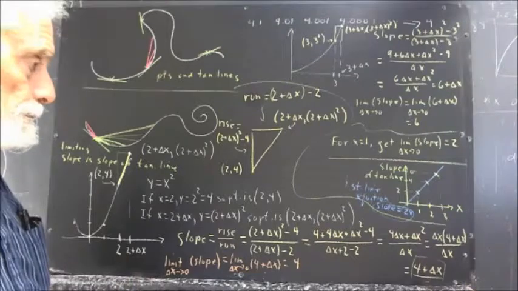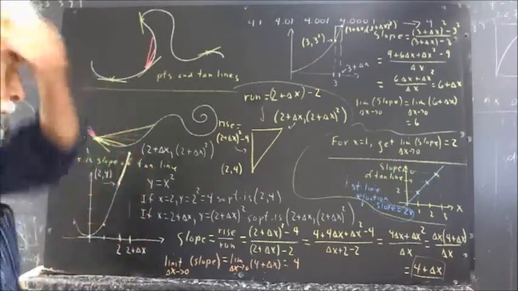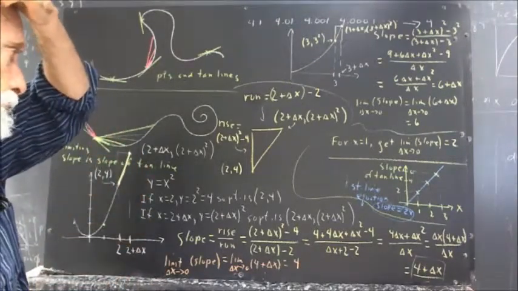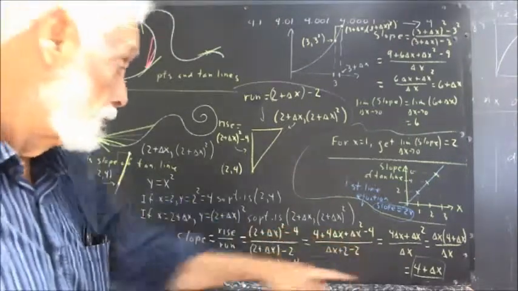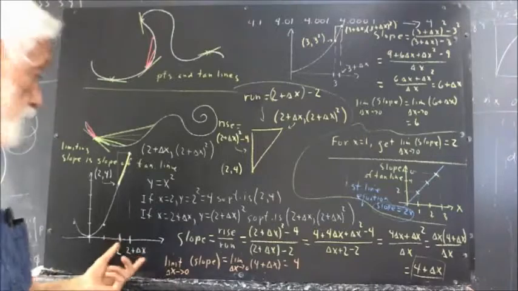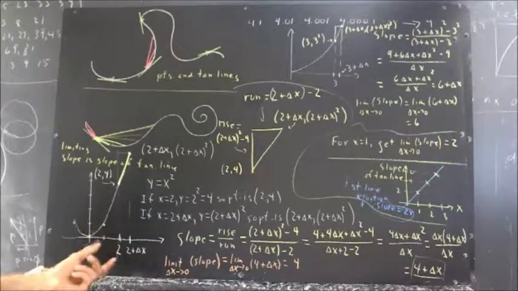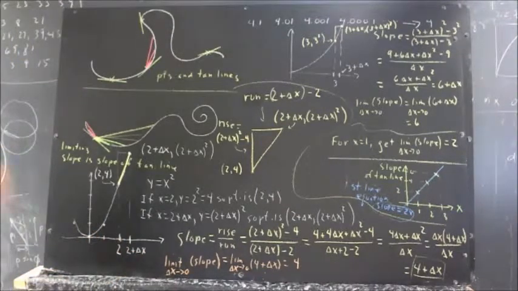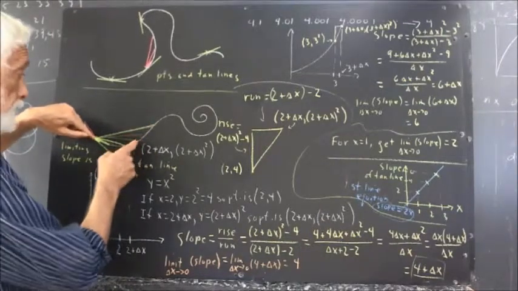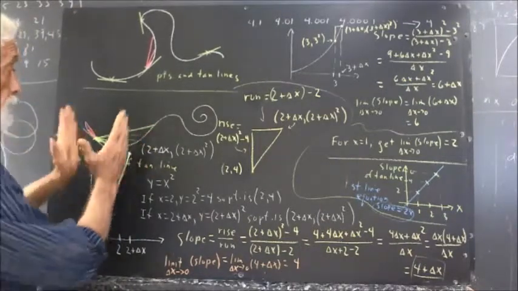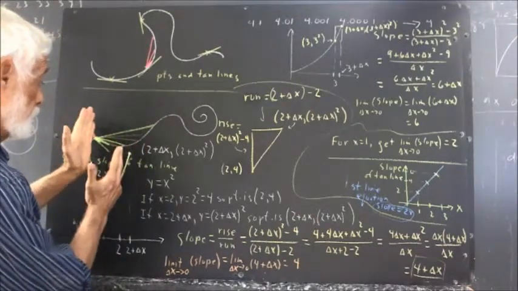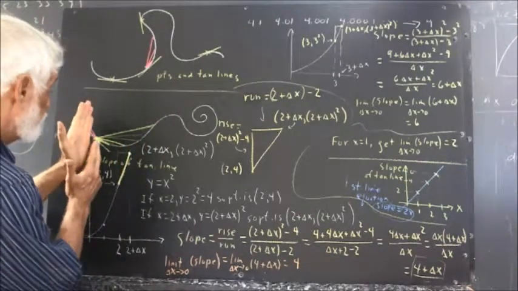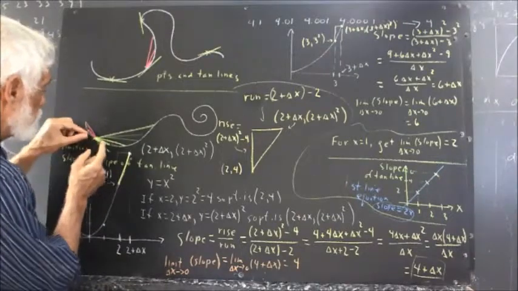Okay. Now, next question is, what's the limiting value of this expression for the slope as delta x approaches 0? Now, why would I want delta x to approach 0? Well, let's go back to this series of secant lines. Our delta x is from here to here. Then it's from here to here, then from here to here, and we're going to let it shrink down.